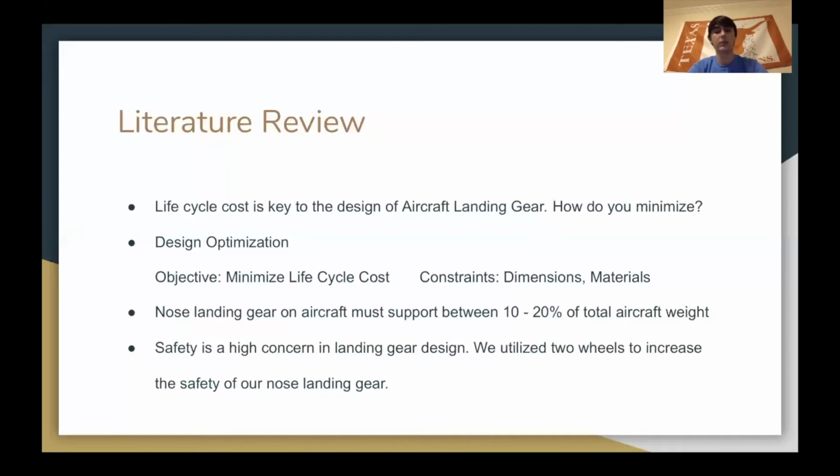So you're distributing that load more evenly, and you don't have concentrated forces on one particular component. The industry standard for smaller landing gears such as ours is 2 wheels. That's what we chose to use. There are 1-wheel designs, but again, we wanted to maximize the safety of our nose landing gear for our aircraft, so we chose to use 2 wheels.